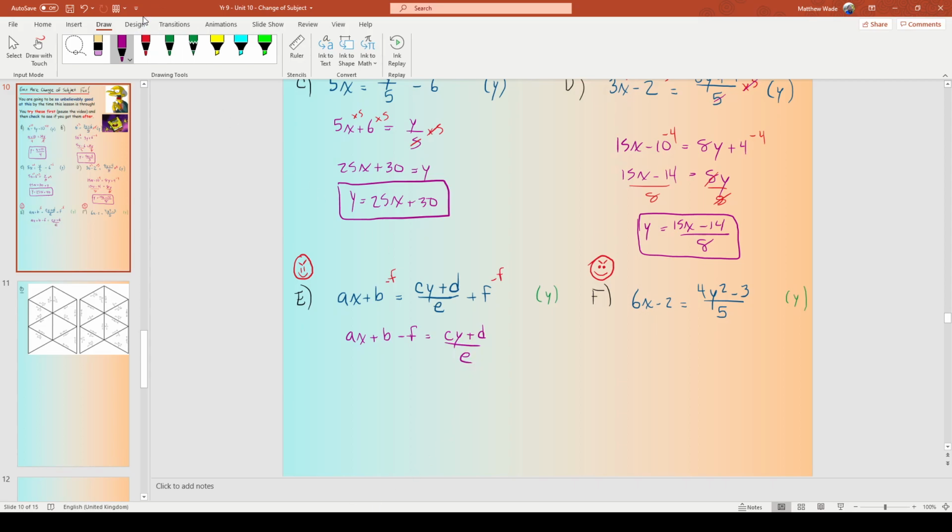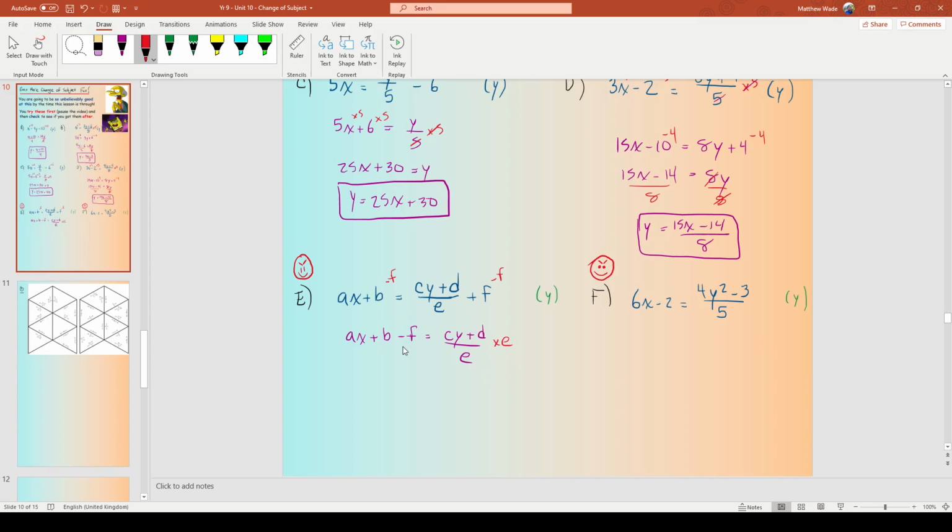Okay, now what do we got to do next? Well, I want y, but the whole fraction needs to go first. So it's just like this last one. The whole fraction needs to go. So what am I going to times both sides by to get rid of the fraction? Well, by the bottom. So by e. Cool?